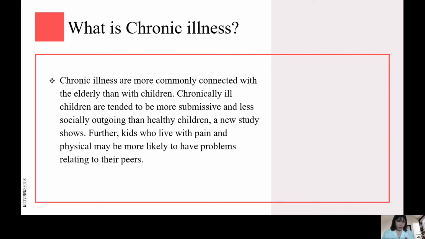Nagkakaroon sila minsan ng takot or trauma, especially sa mga estudyante na madalas nabubuli. That's why they pretend, for example, tinatamad silang pumasok sa eskwelahan kasi wala daw gagawin, ganyan. Pero in the real world, mas naka-experience sila ng bullying. That's why nagkakaroon sila ng trauma about that.